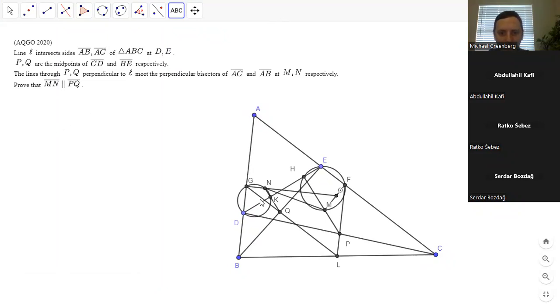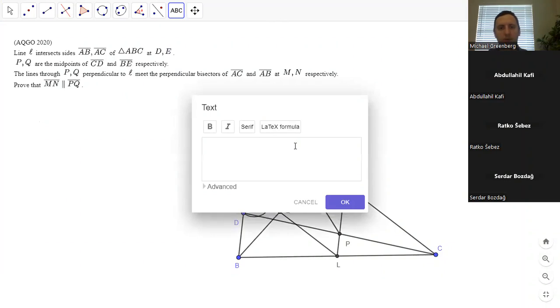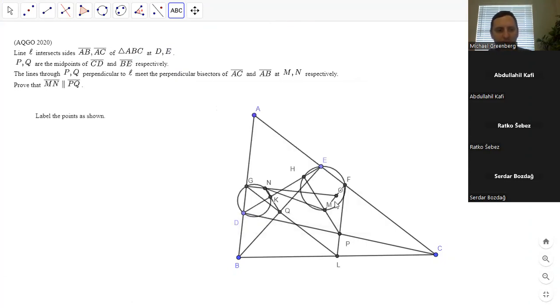Okay, so let's do this. I'll just say label the points as shown, just so I don't have to write it all out. I guess we don't even need point L, do we? Probably not, right?